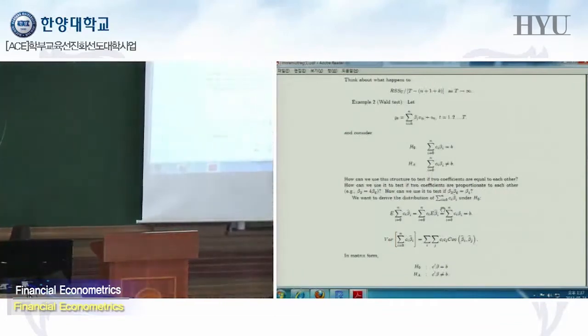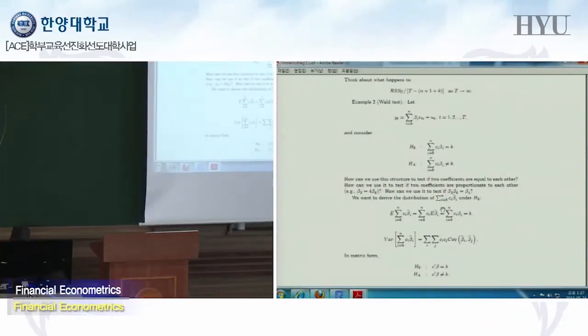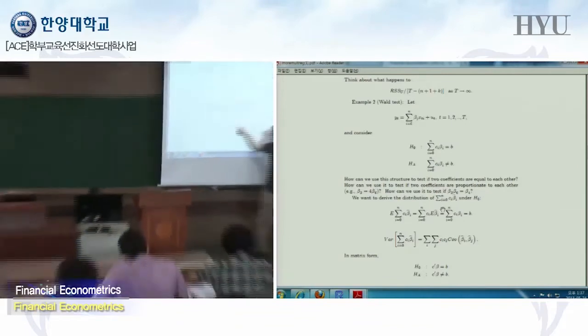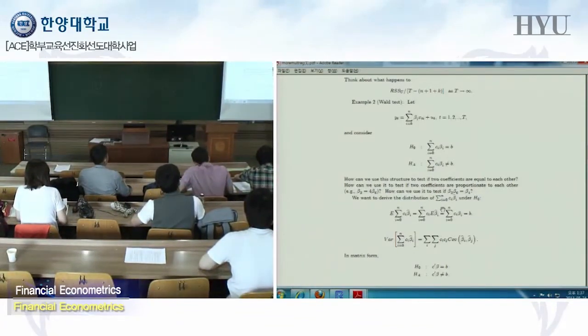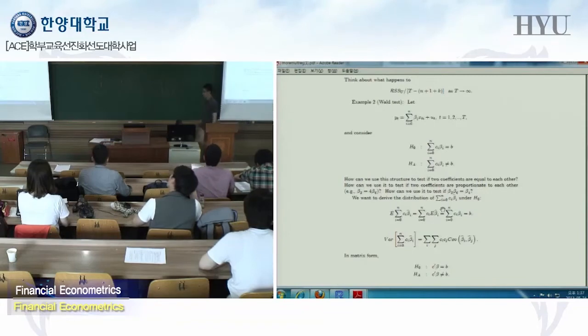From here to here, it is not really our hypothesis at all. This part is our hypothesis. This part is just automatic, and once we impose the hypothesis, that should be equal to b.